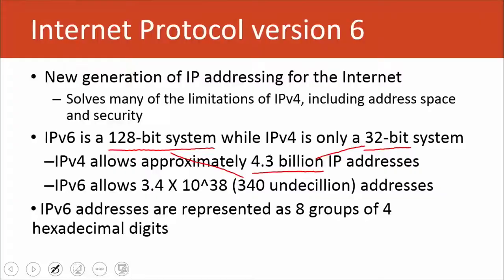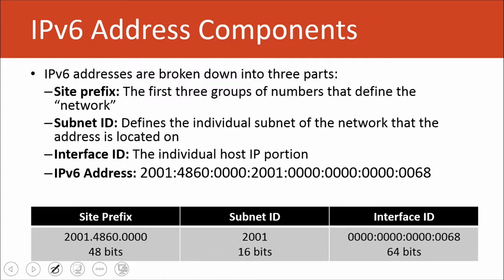And so IPv6 addresses, they're represented differently from IPv4 addresses. They're actually 8 groups of 4 hexadecimal digits. And so here we have a sample of an IPv6 address, okay? There's a site prefix, so the first 3 groups, these right here, make up the site prefix.